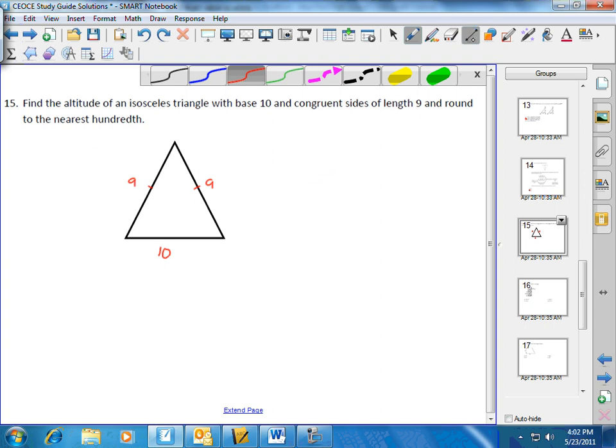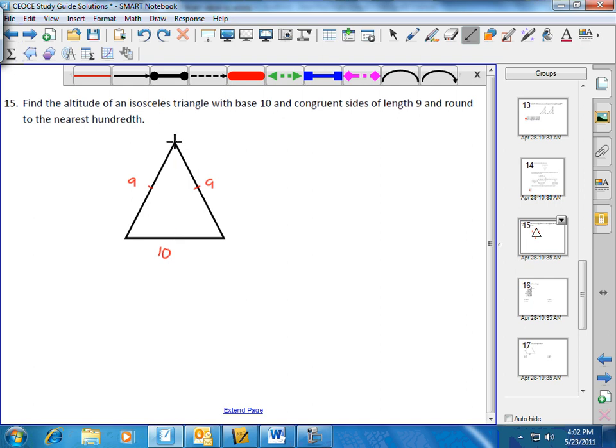Remember, the altitude goes from a side perpendicularly to the vertex. All right, let me try one more time.